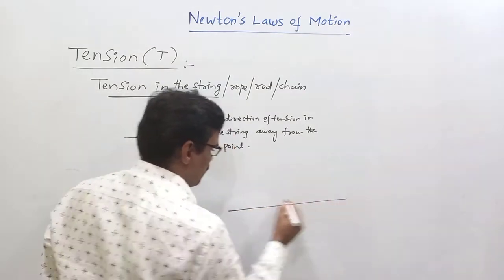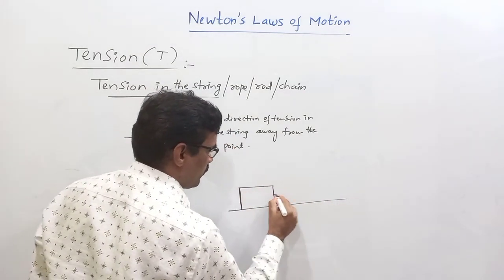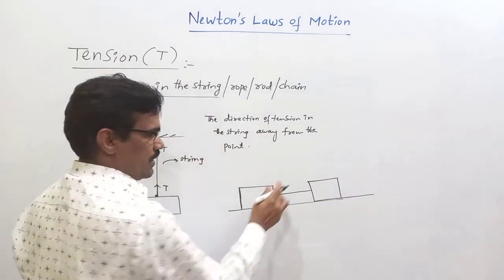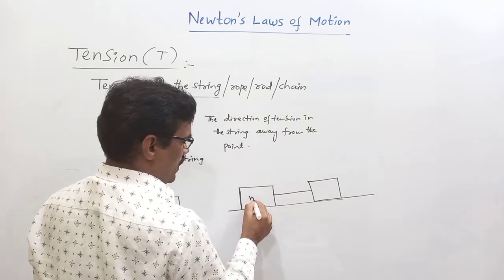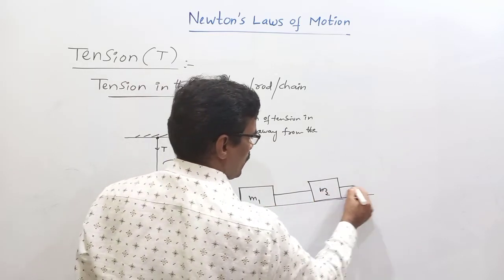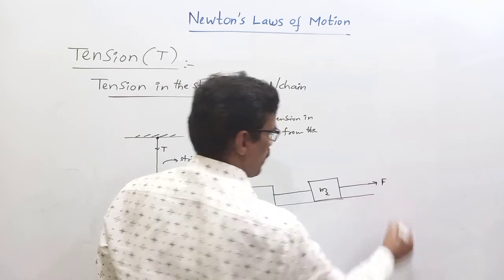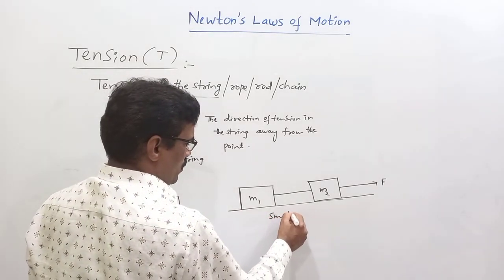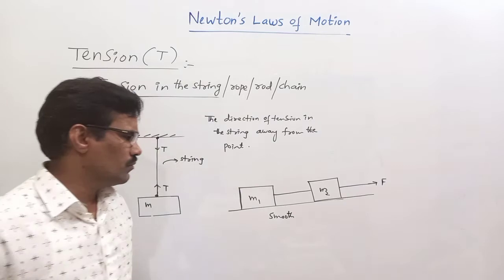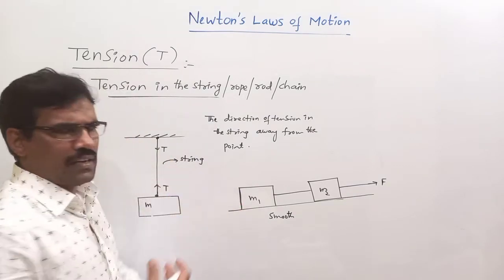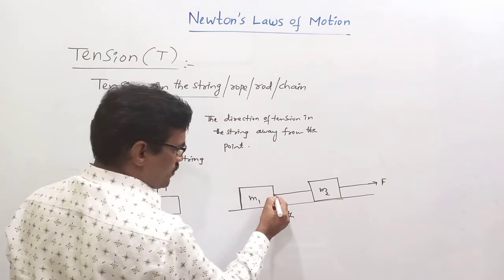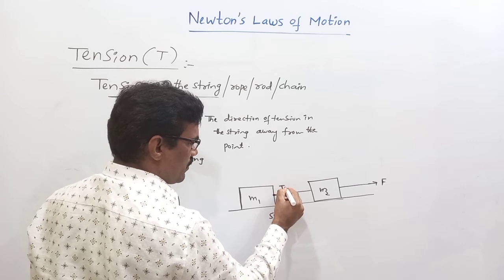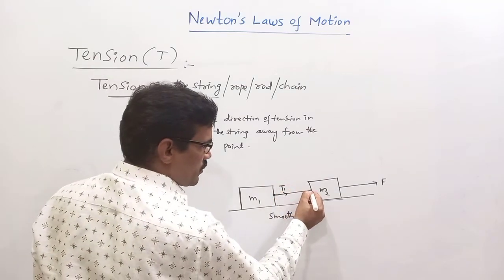Now two blocks are connected with a string. This is the one string. Block of mass M1, and suppose M2. Here we apply a force F. It is smooth, and the blocks are moving this side. I want the direction of tension at this point: away means this side, tension T1. What is the tension at this point?